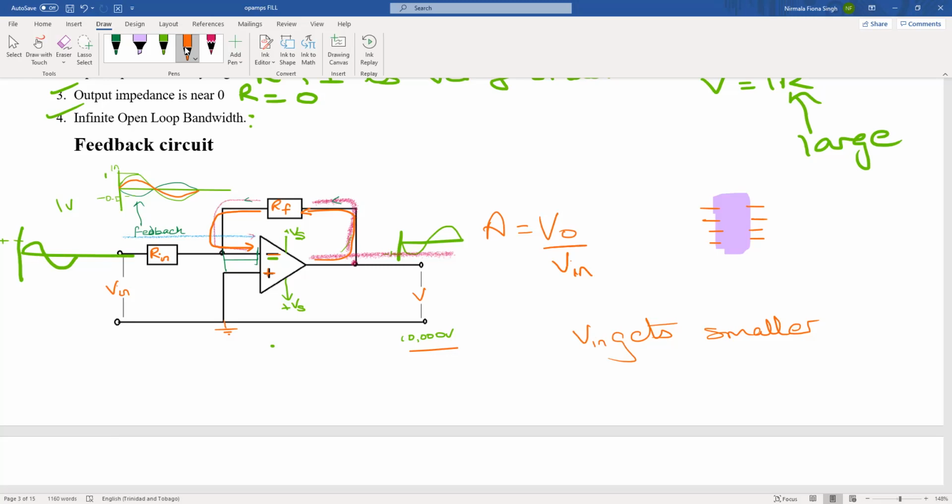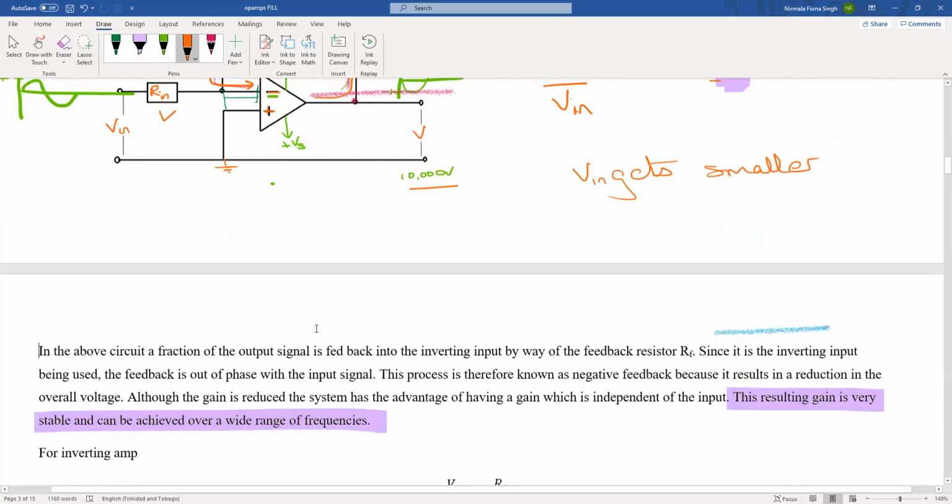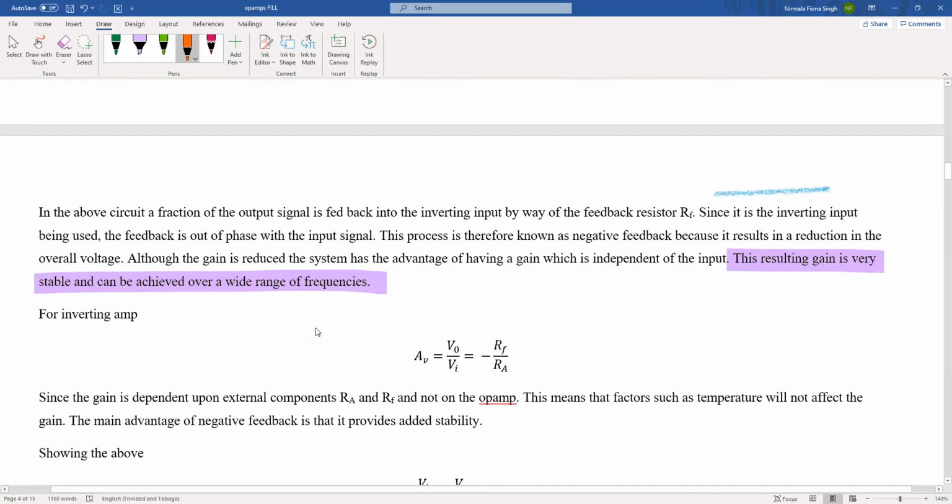What it tells us is that our gain can be dependent on something outside of your amplifier. So let's see how that happens. For an inverting amplifier, your gain here, which is AV, that's your open loop gain, is equal to your V out over your V in.